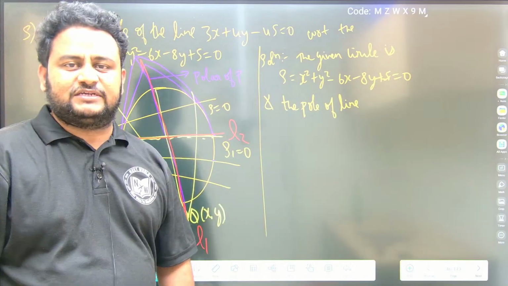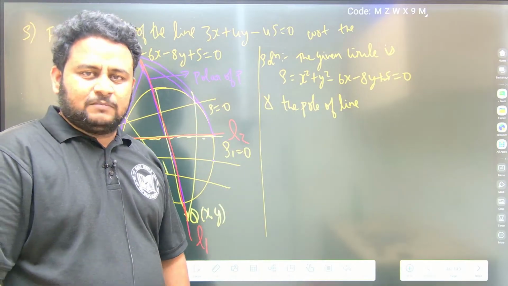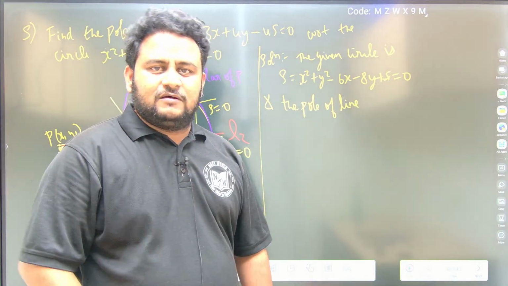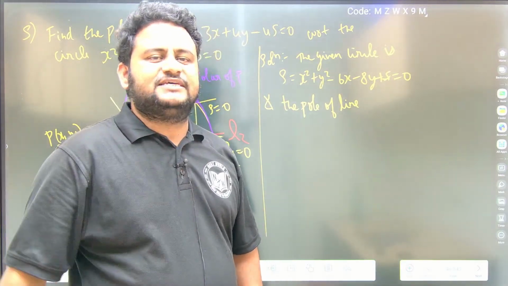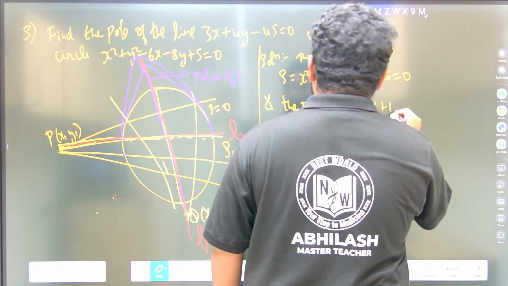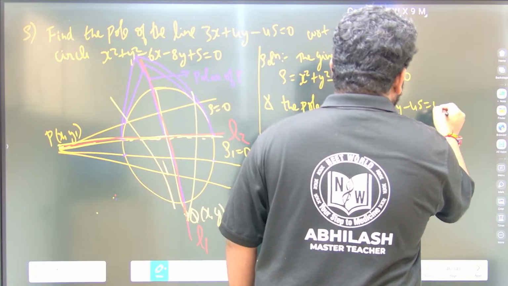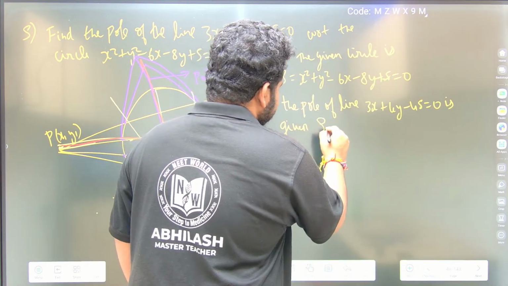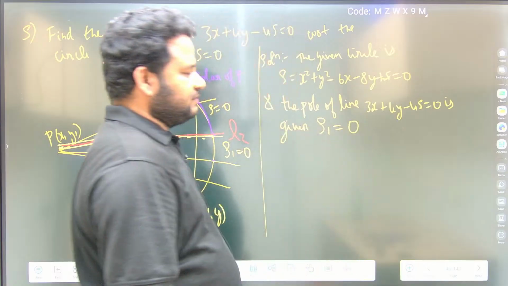S1 means x into x1 plus y into y1 plus so on, plus c equals 0. And the polar of the line 3x plus 4y minus 45 equals 0 is given by S1 equals 0.